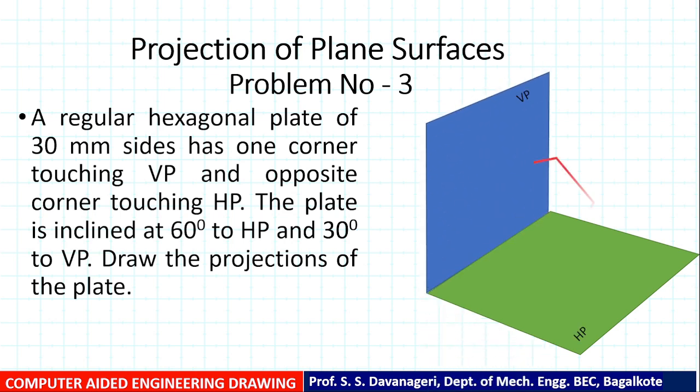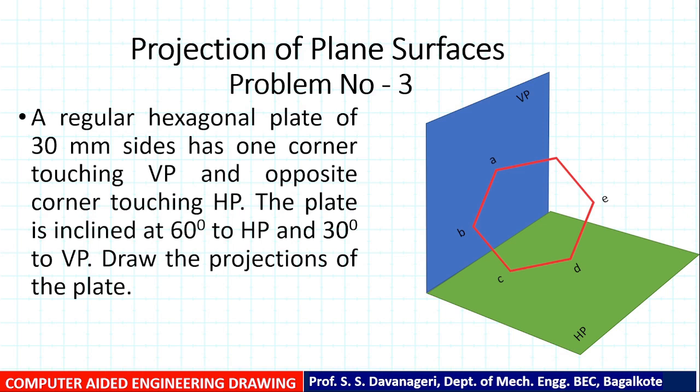So the problem definition is, this is a hexagon resting one of its corners on HP and one of its corners on VP. Corner A is touching VP. The opposite corner, D, is touching HP.